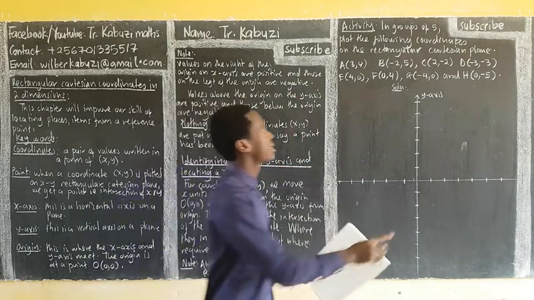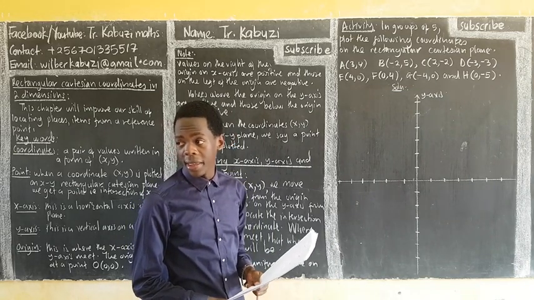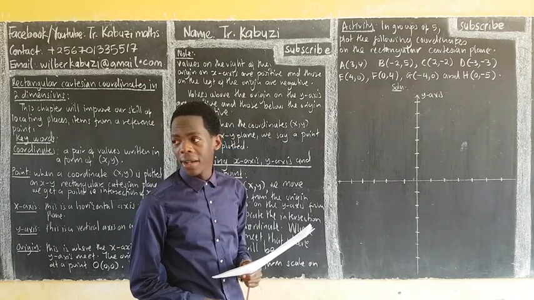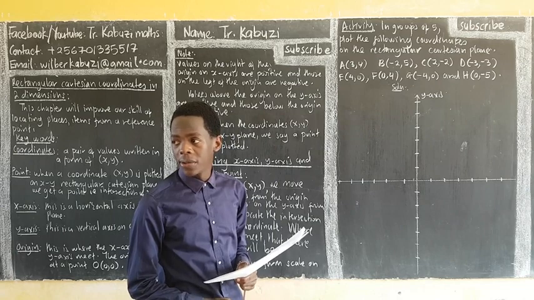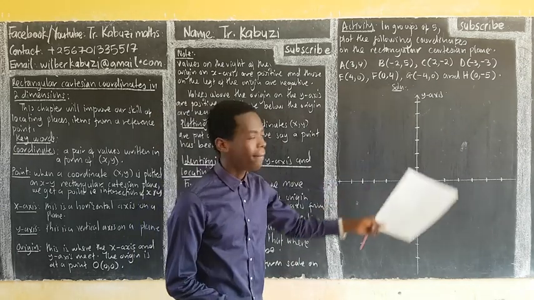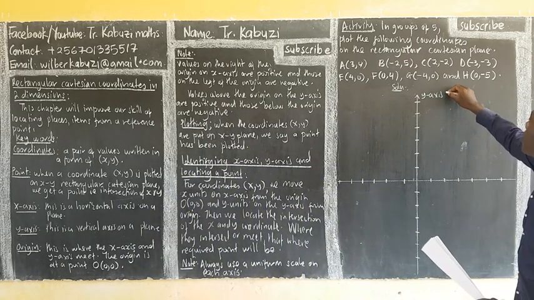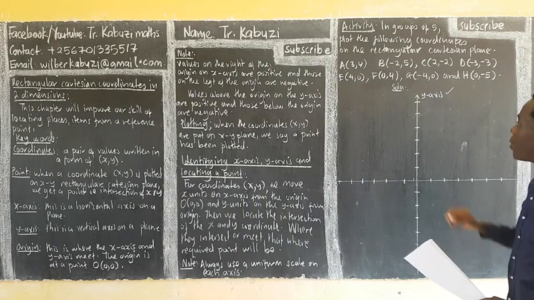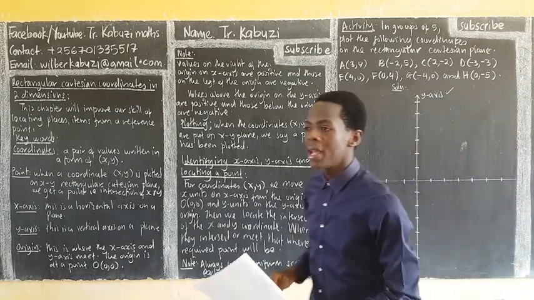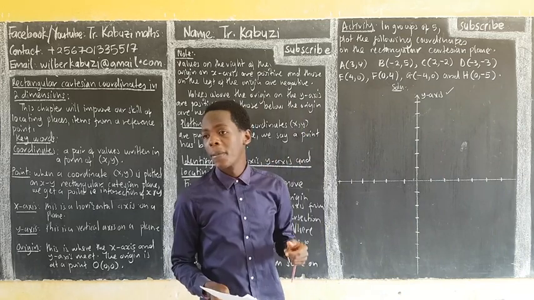So they are calling this y-axis. Are they right? Why are they right? Because we say the y-axis is vertical. Okay, so you give this group a mark. Whoever got this as the x-axis, do you have any group which called this the x-axis?